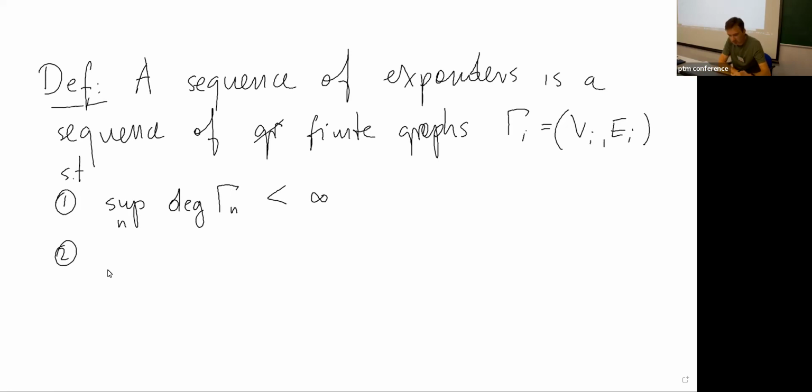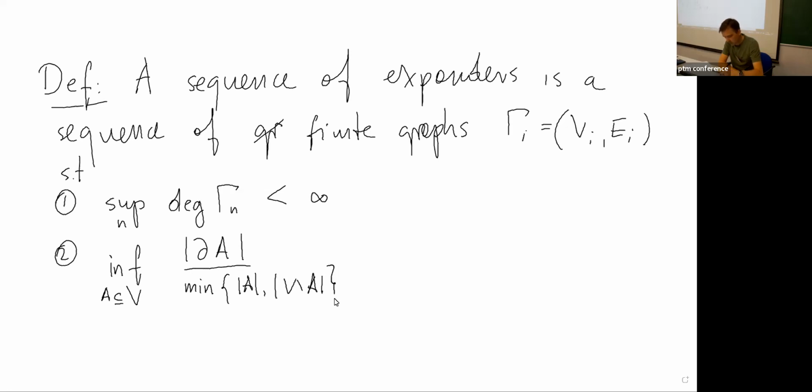And the second one is that sets have uniformly large boundaries. This is defined by what is called the Cheeger constant. Here I take the infimum over subsets A of the vertices, and I consider the boundary, which for a subset of vertices is the set of edges that connects the given set to the complement.